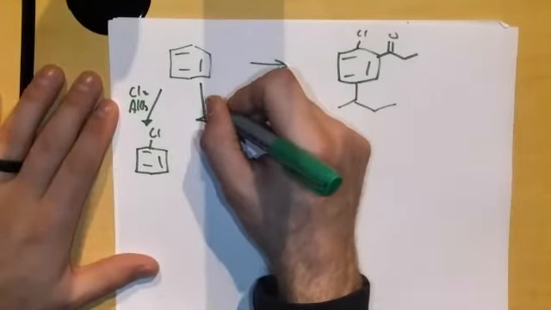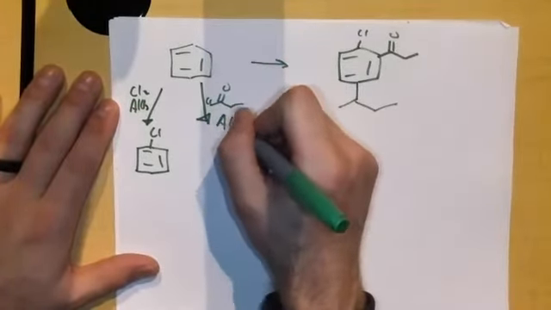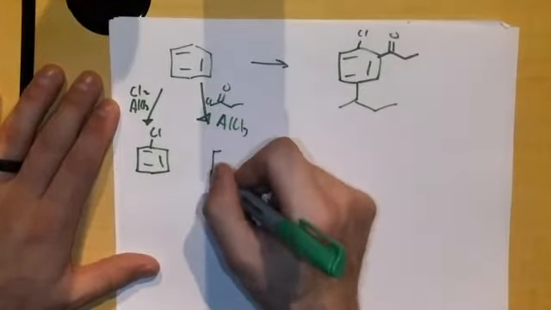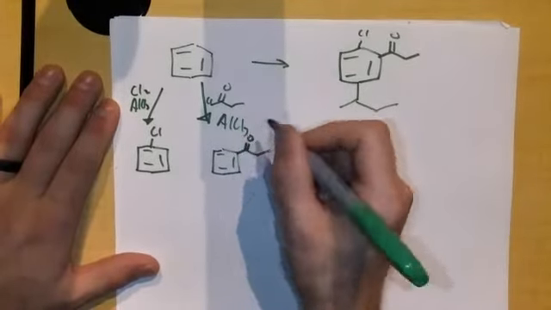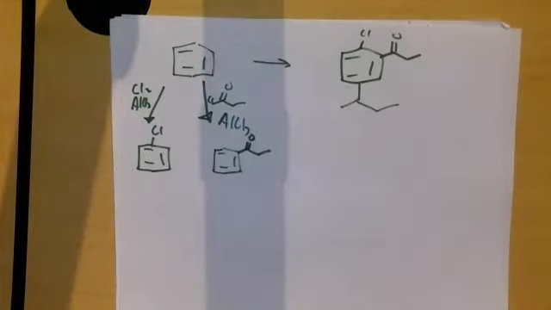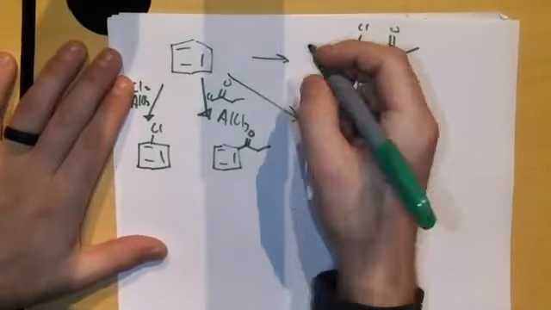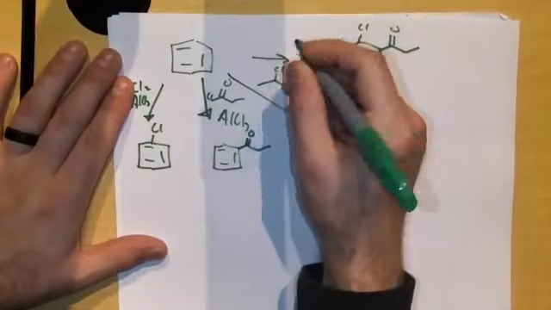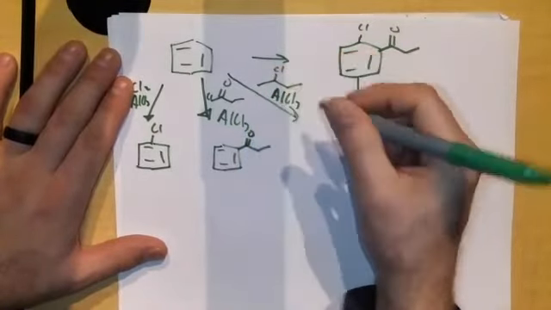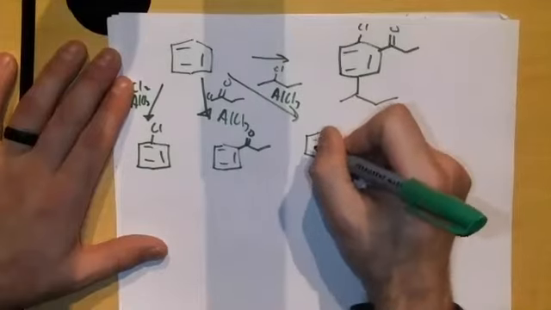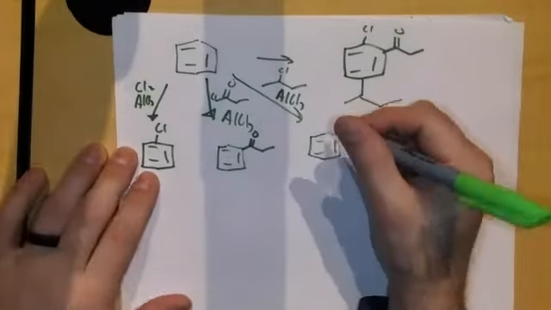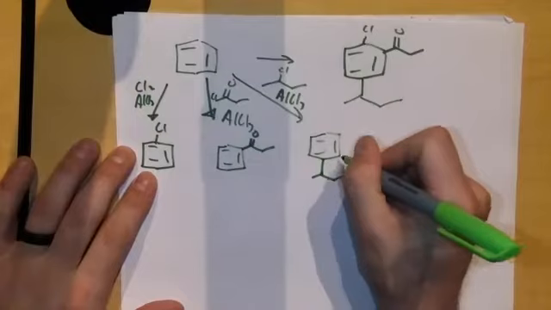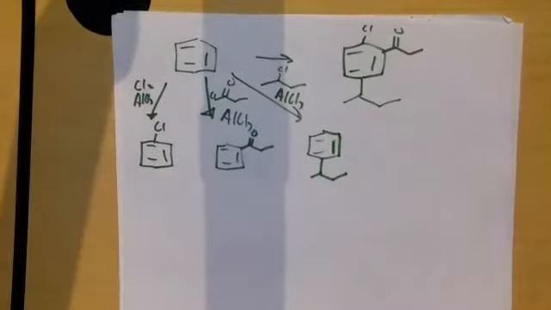Acylating, so throwing in our acyl chloride, gets us to here, and then alkylating will put us here.